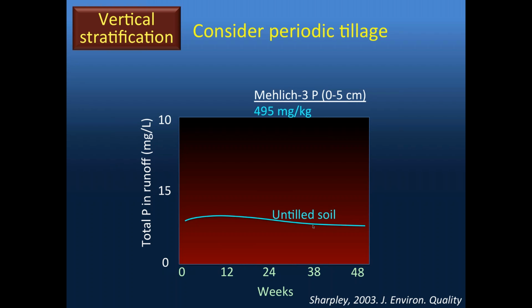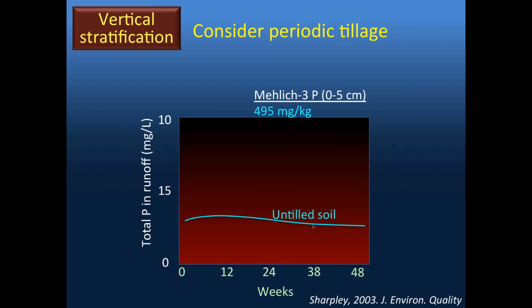This is by no means an advocacy for just wanton tillage, but there's a great study that Andrew Sharpley conducted. It was done under highly controlled conditions in which he did rain simulations on two soils. One was untilled, so essentially starting as a no-till soil.